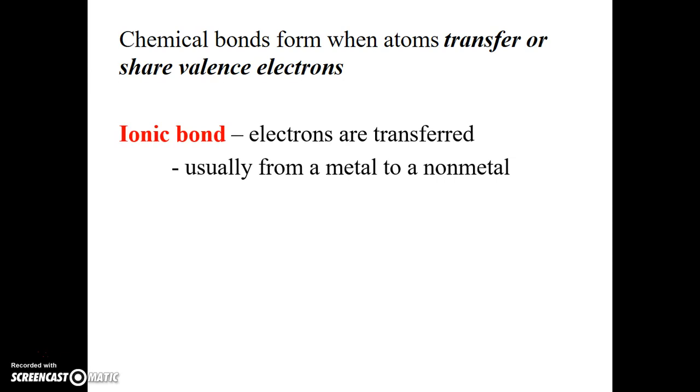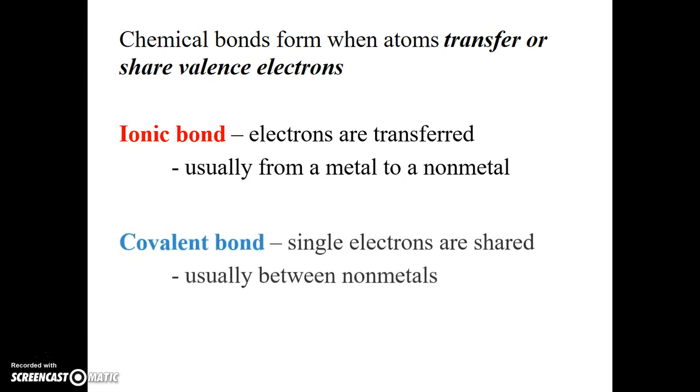Typically, this transfer happens from a metal because metals have few valence electrons and like to lose them, forming positive ions. And then those valence electrons get picked up by a nonmetal, which wants to add to its valence, and that forms a negative ion. And as we know, when you have charged particles, opposites attract. Positive ions will be attracted to negative ions. That's known as an ionic bond.